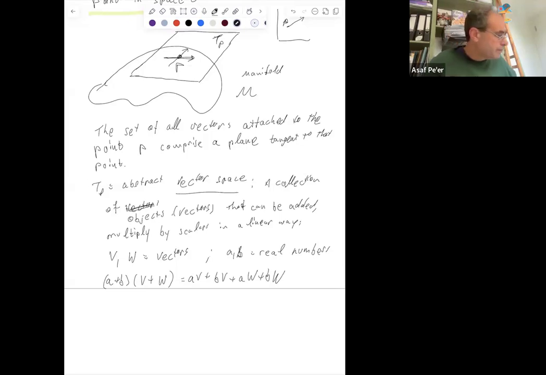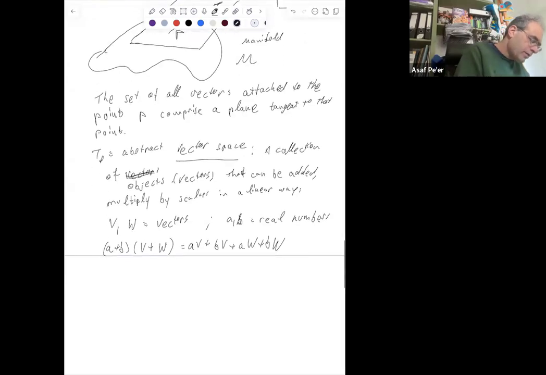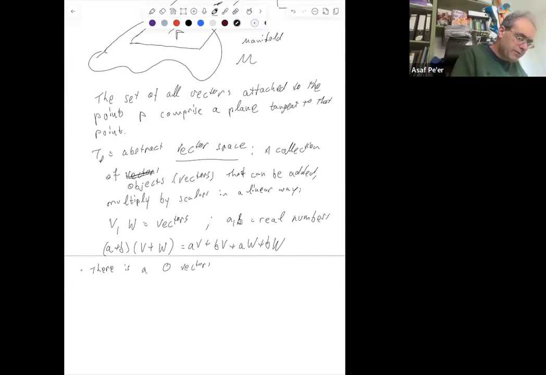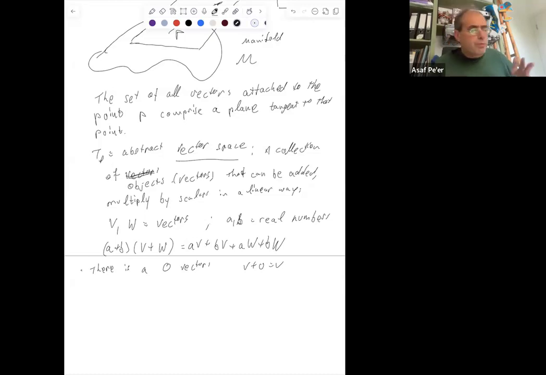Of course, every vector has an origin, namely there is a zero vector, such that V plus 0 is equal to V for any vector. There are some other structures which we don't need, right? Inner product, etc. So we don't need them. So far, so good?